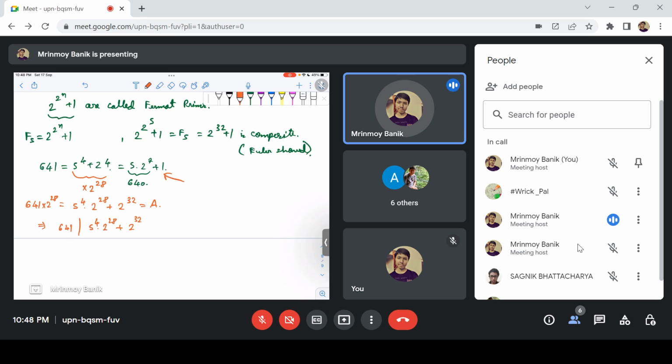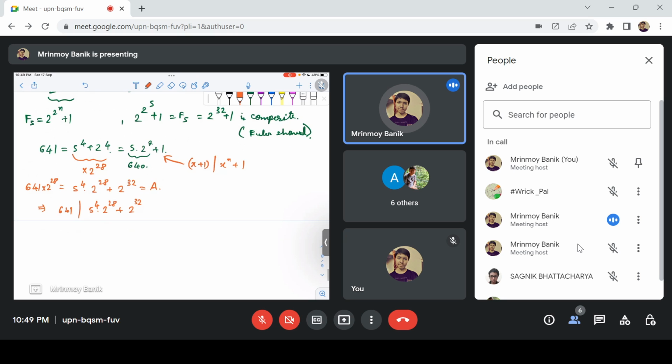Now with this number we can use the root factor theorem. It says x plus 1 divides x power n plus 1, or basically x to the power n plus 1 is divisible by x plus 1, and x minus 1 divides x power n minus 1.